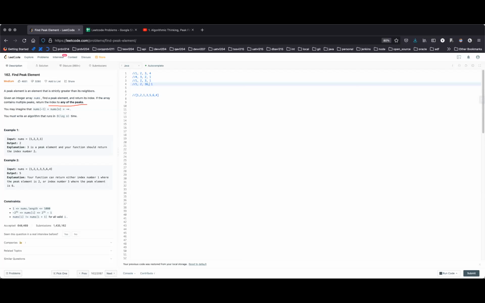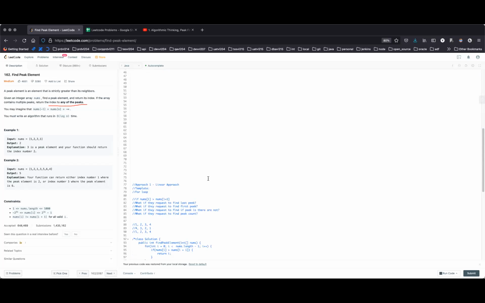I think this will be the invalid case. If we check the constraint, it says nums[i] is not equal to nums[i + 1] for all valid i. You're right. Okay, got it. So the consecutive elements should not be equal. Thank you.